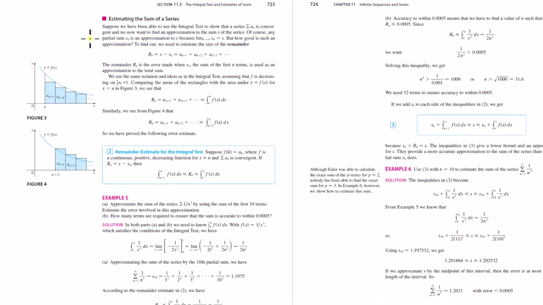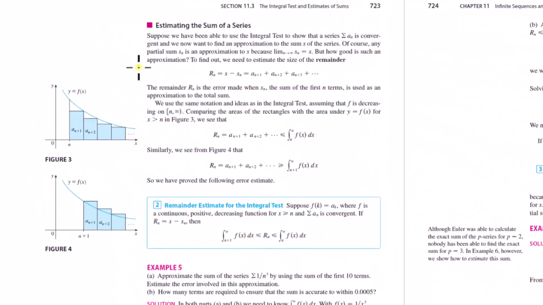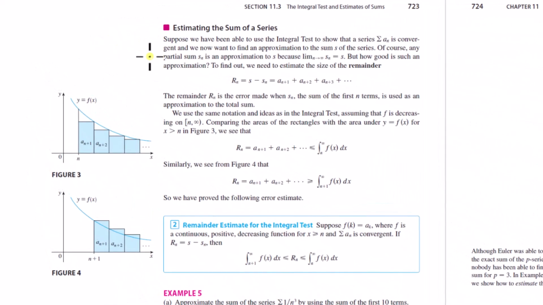Another thing to note before we get into this: in this section, we're going to come up with a way to calculate how accurate the estimation for our sum is, strictly in relation to a series that we analyzed using the integral test. So it's a series where, if you replace the n with x, it's positive, continuous, and decreasing.